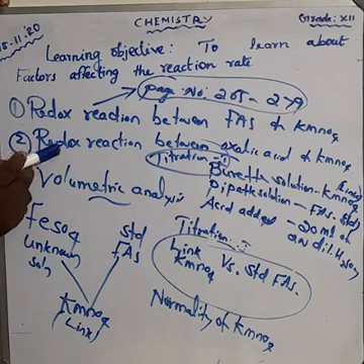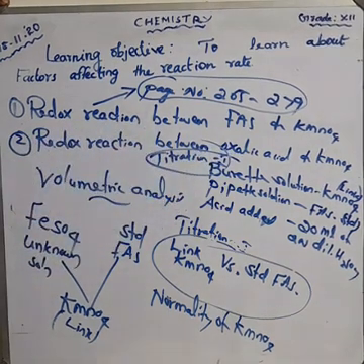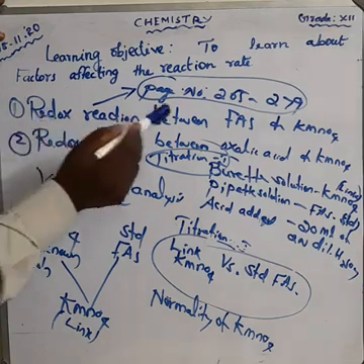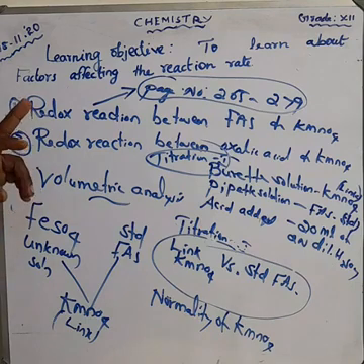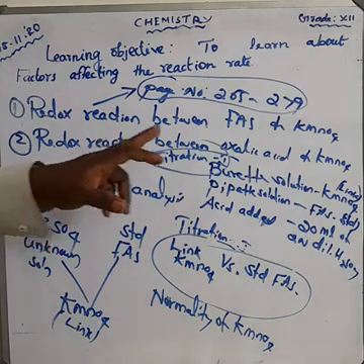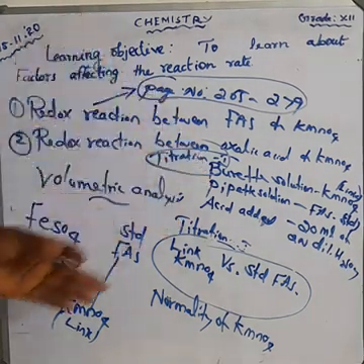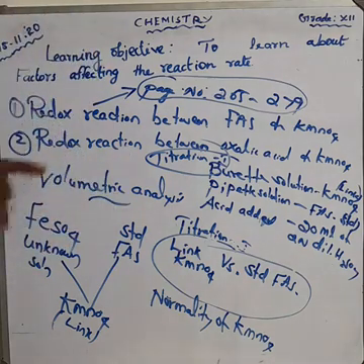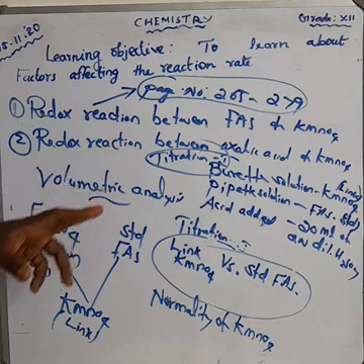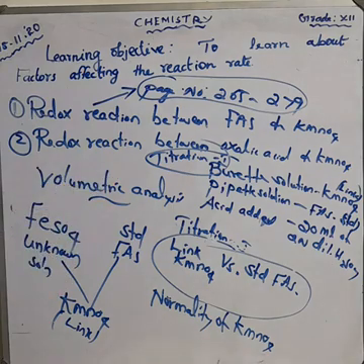The redox reaction between oxalic acid and KMnO4 is a slow reaction compared with the redox reaction between FAS and KMnO4. That's a very important point: the redox reaction between oxalic acid and KMnO4 is relatively slow compared to the reaction between FAS and KMnO4.